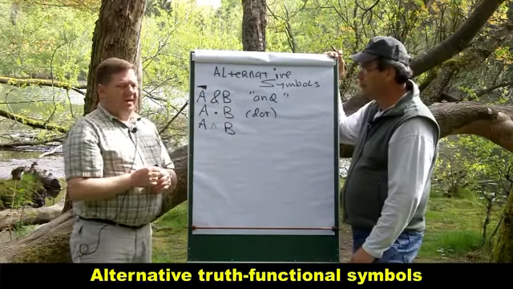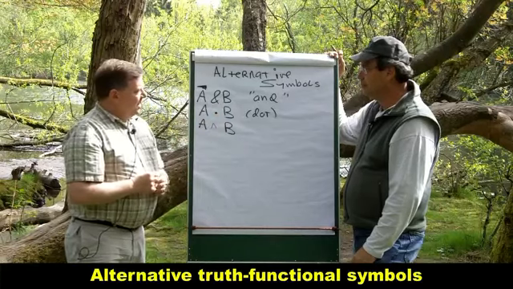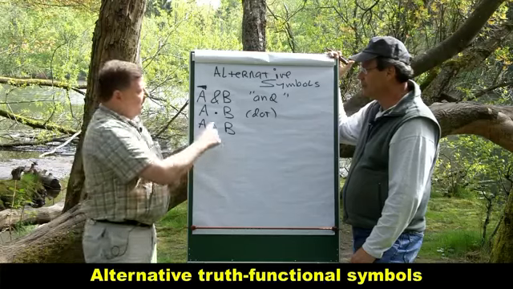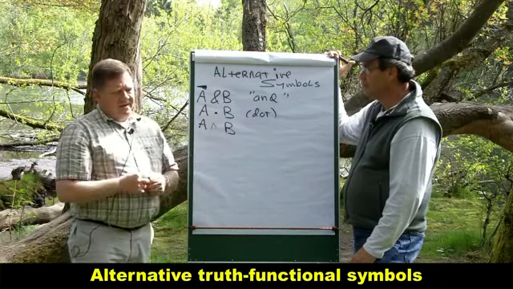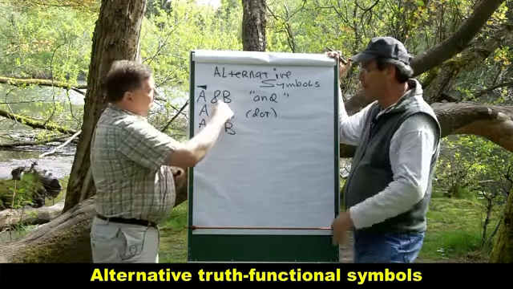When I first started teaching, the textbooks I used all used the dot. And when I wrote my first textbook in logic, I used the dot. Then one of my former logic teachers gave me a pretty good argument for using ampersand.